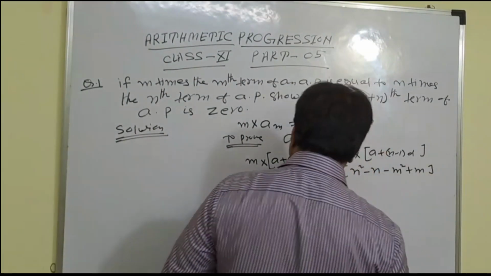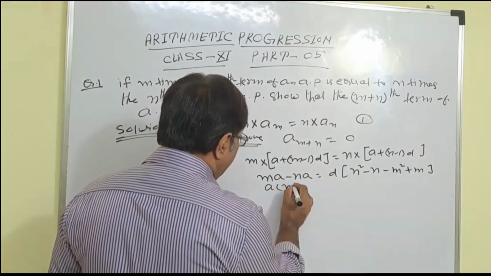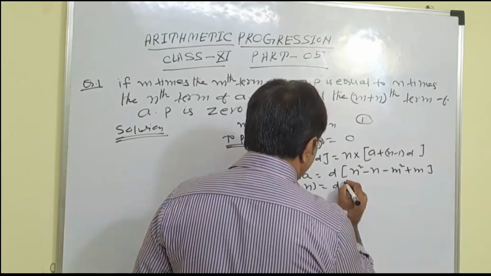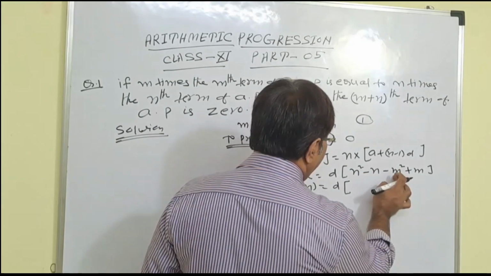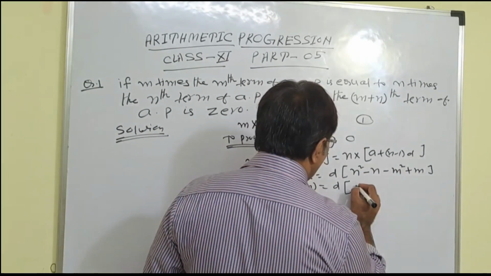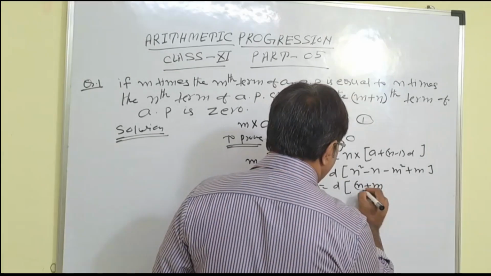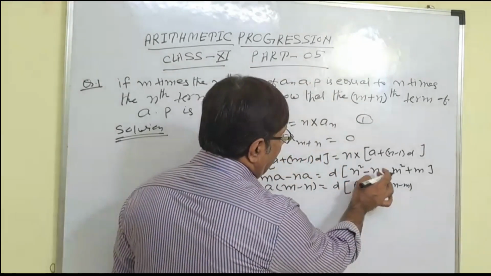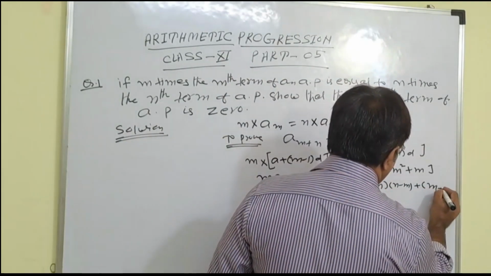Okay. Now you see here, taking a common we will get m minus n. Here d is common, and here n square minus m square. So n square minus m square we can write as n plus m into n minus m. And then plus m minus n.